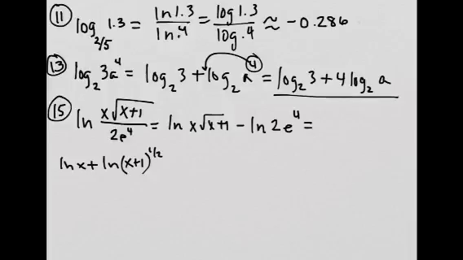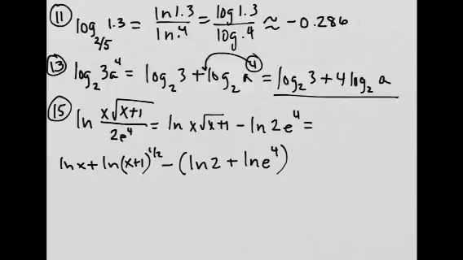Now, this negative right here affects everything after it, right? So when I separate the logs, I'm going to put parentheses. So natural log of 2 plus natural log of e to the 4th. Okay? Now, the exponents, the 4 and the 1/2, become coefficients of their respective logs. Okay?